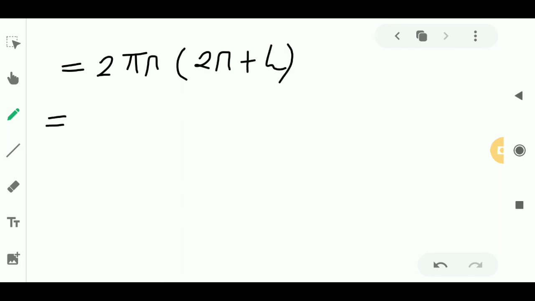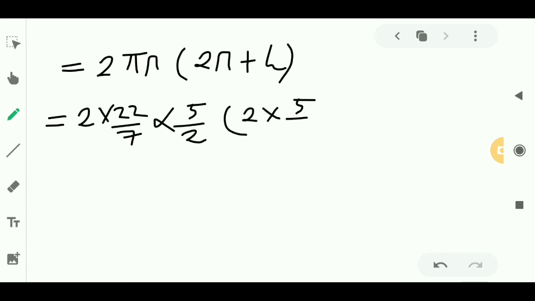Now values we are going to put: 2 into 22 by 7, radius 5 by 2, into the bracket 2 into 5 by 2 plus h, the height of the cylinder, that is 9, centimeter square. 2 cancels here, and here also 2 cancels.